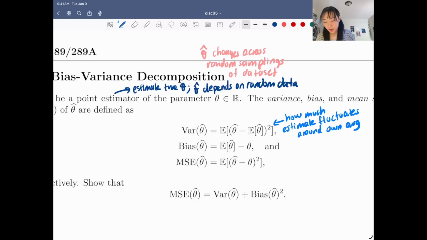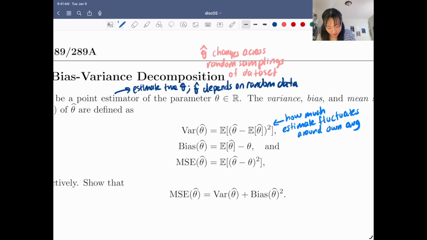Okay, and then we have the bias. Notice how the bias is the expected value of our point estimate minus the true parameter. And so this tells us how far our estimate is from this true value, how good or how bad our estimates in general actually are.